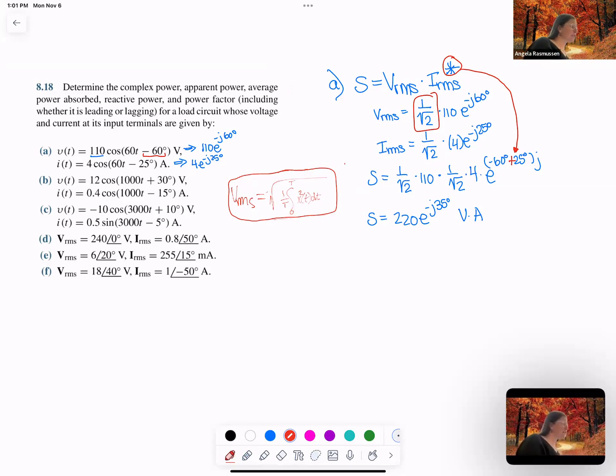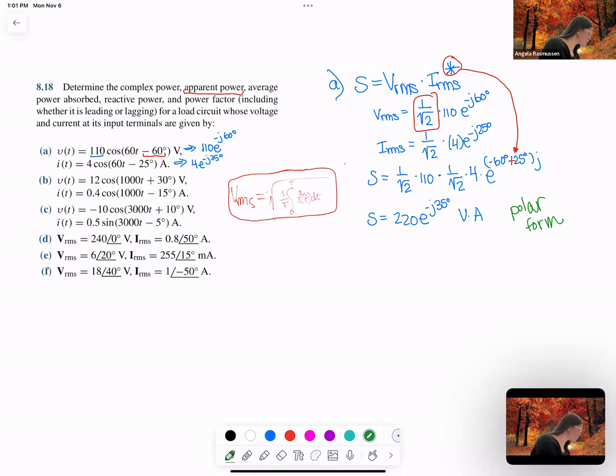And so this gives you complex power. And now we want to get the apparent power. What was the apparent power? So that's the real part of this, right? So this is in polar form, so we just change it over to rectangular form now.